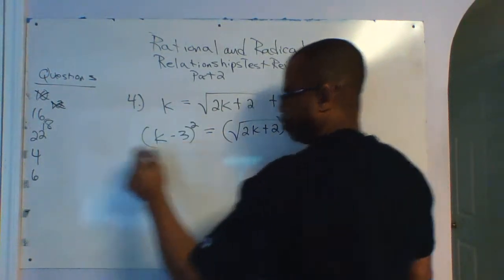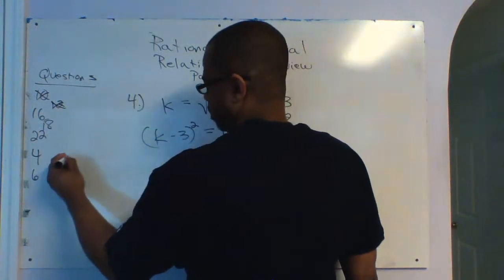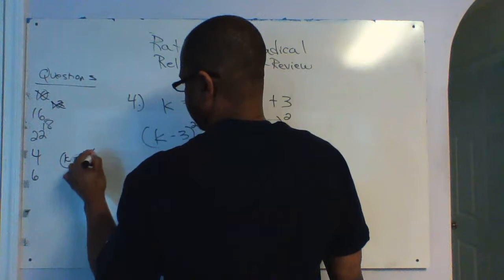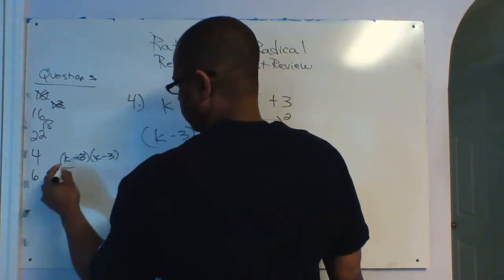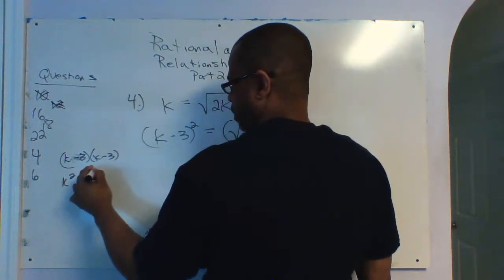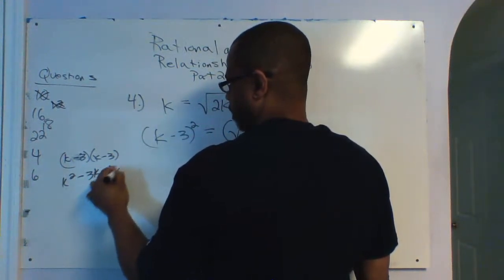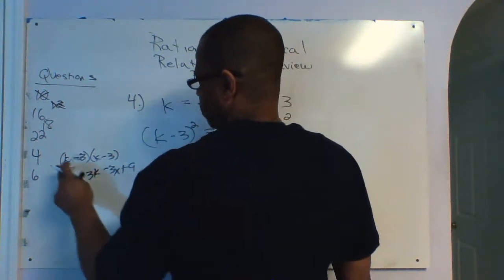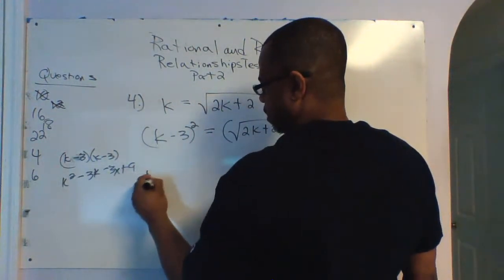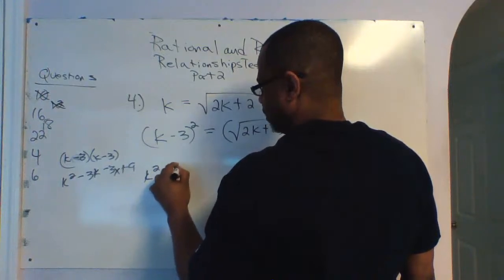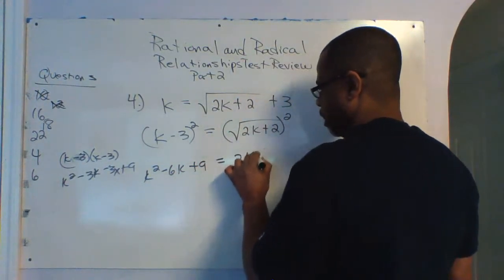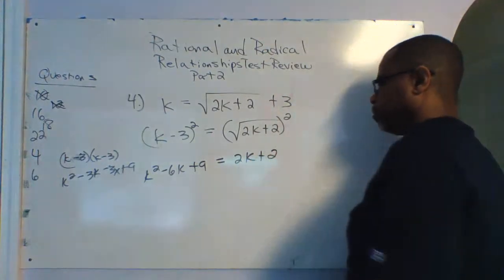Okay, so if we want to solve this square, that's k minus 3 times k minus 3. So that'll be k squared minus 3k minus 3k plus 9 when we're distributing. Then that gives us k squared minus 6k plus 9 is equal to 2k plus 2.